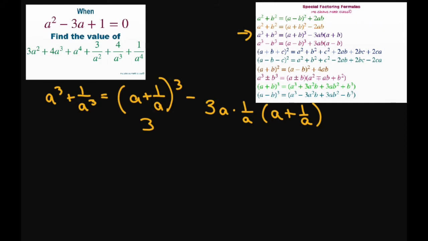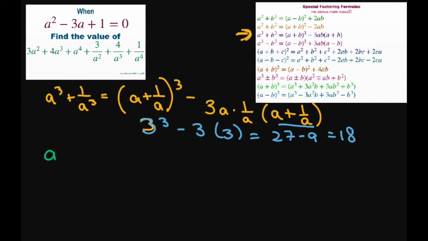We're using this formula right there. So substituting that in, we're going to get 3 cubed minus 3 times 3. So basically this is 27 minus 9, which equals 18. All right, and the last one was a to the power of 4 plus 1 divided by a to the power of 4.